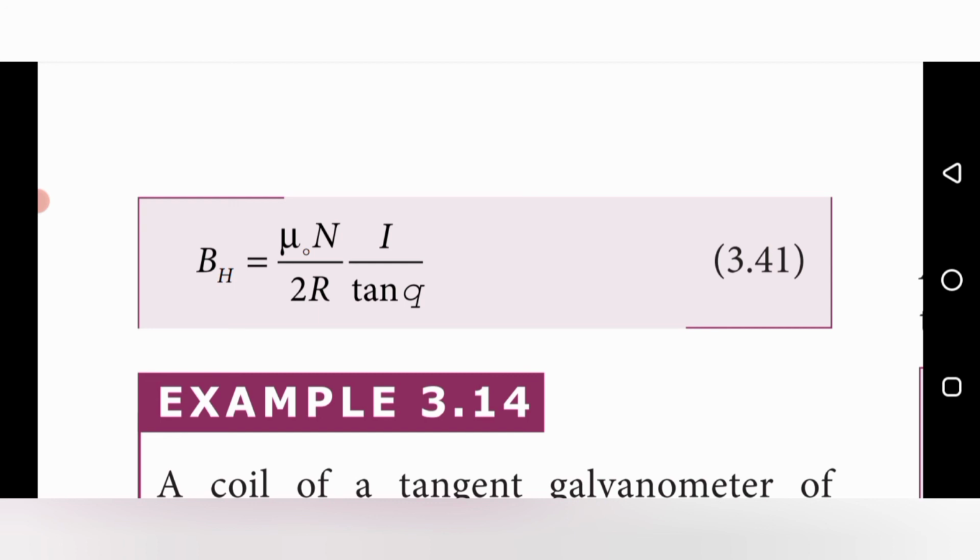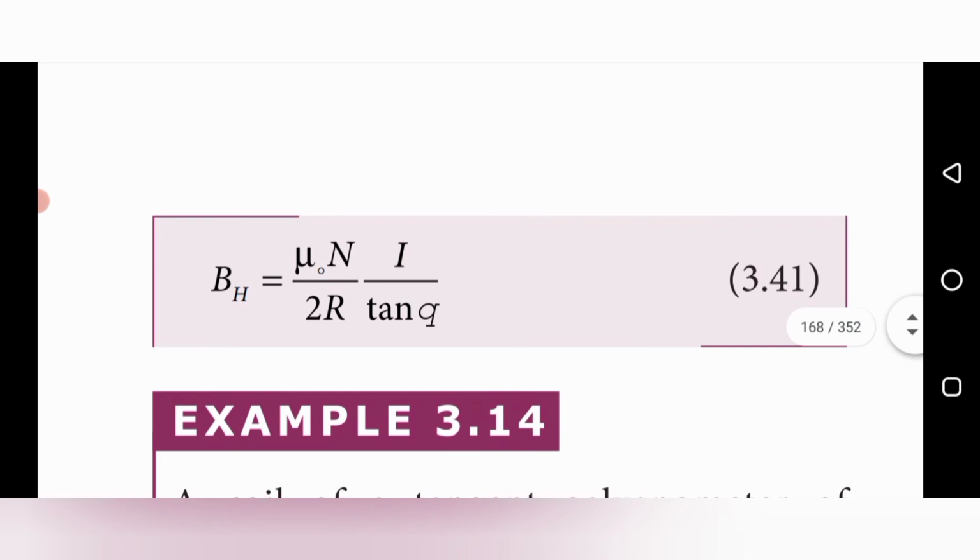Then r is the radius of the circular coil, which can be measured using a thread, and I is the current value, which is given by adjusting the rheostat, and tan theta. Theta is the angle made by the compass. So knowing all values, we have to find out the horizontal component of Earth's magnetic field.